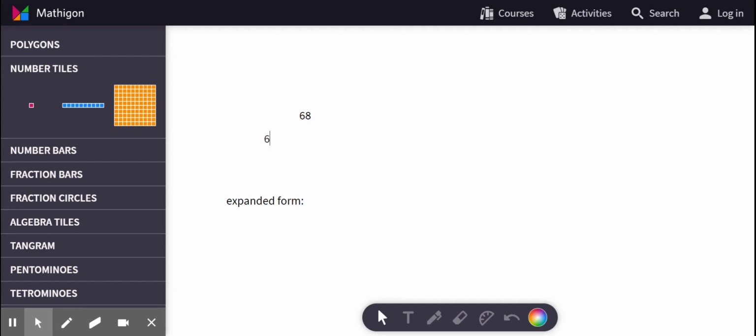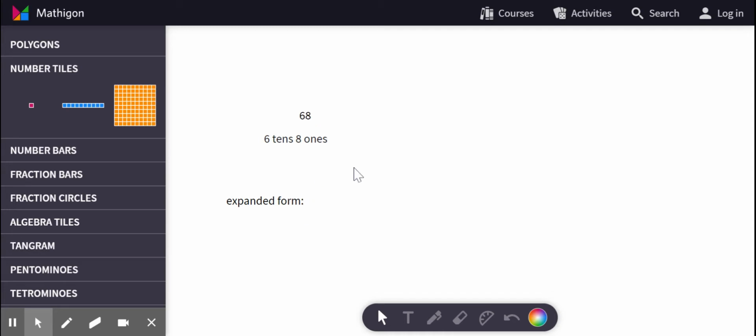So six tens, and then I have how many ones? Eight ones, right? So I can look right here and I see that my 6 is in the tens place. And so I know that's not just a 6, it actually means 60, which is six tens. And then I have eight ones.